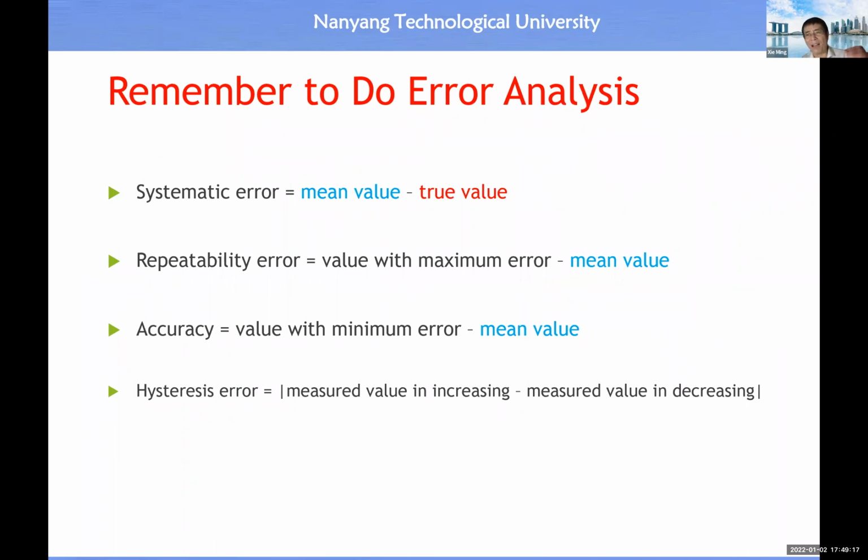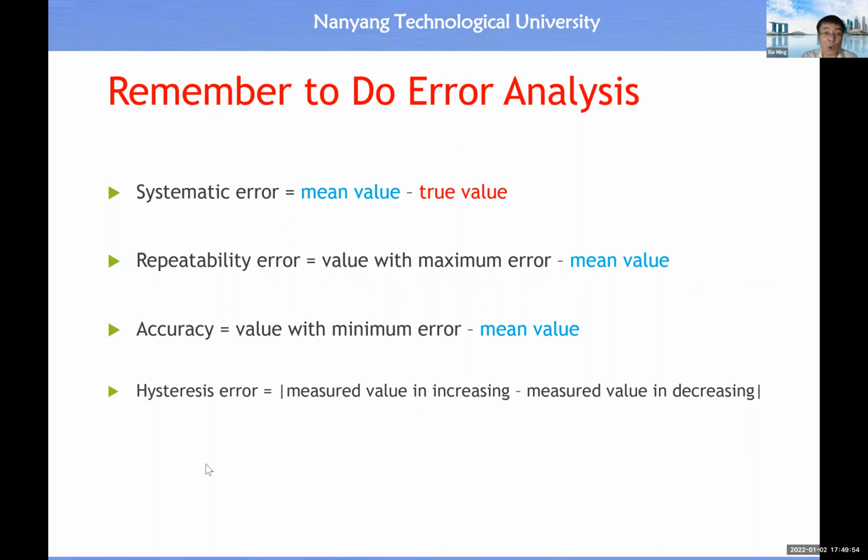Once you have done the sensing module and the calibration module, remember to do error analysis. It means use your new sensor or measurement system to repeatedly take in the data, then calculate the mean value, standard deviation, maximum error and minimum error. Also do the experiment where you increase the input and take the data, then decrease the input and record another set of data, then do the comparison.